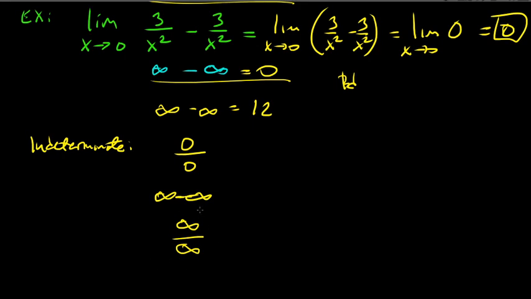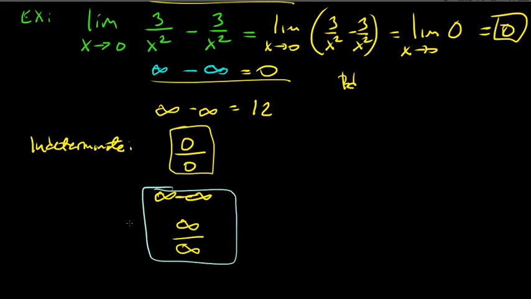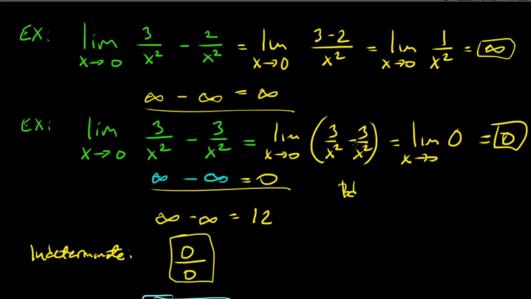I think there's maybe a couple others, but this is good enough for now. For the most part, 0 divided by 0 is the one you're going to see the most often. When you get to calculus 2, however, you'll see these more often. But for now, that's all you need. I hope this helps.